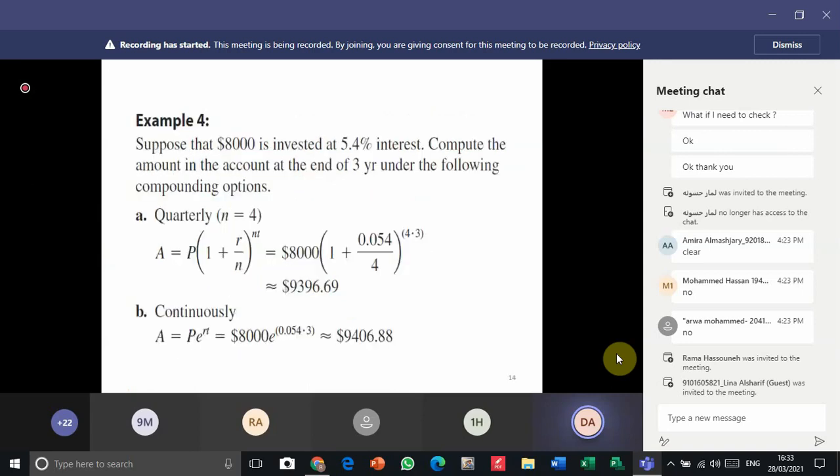Now look at this. Suppose that we have B equal to $8,000 with interest rate R equal to 5.4%. So this is equal to what in value?